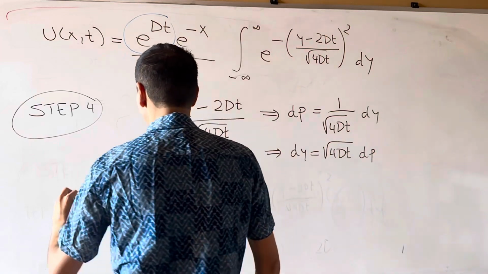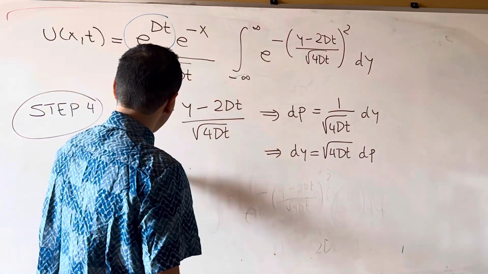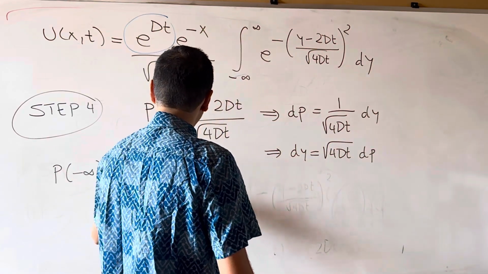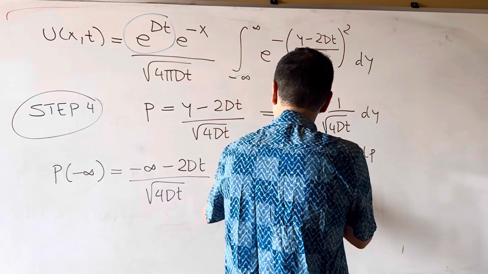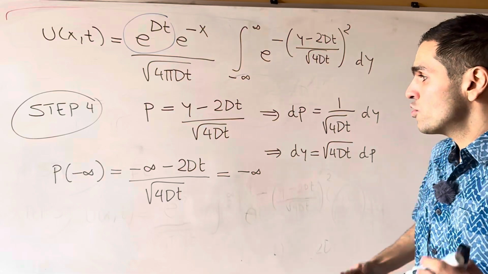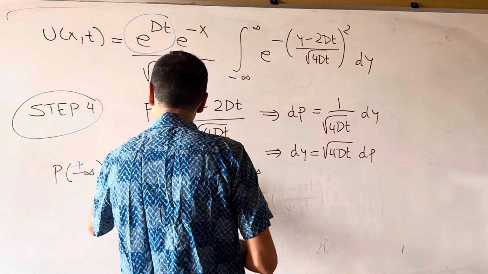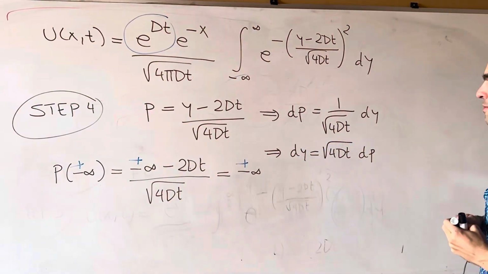And moreover, what happens to the endpoints? So p of minus infinity, it's minus infinity minus 2dt over square root of 4dt, which is minus infinity. But the cool thing is, the same thing is true for plus infinity. So p of plus infinity, it's plus infinity minus that, which is still plus infinity.